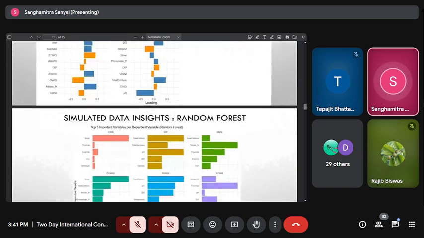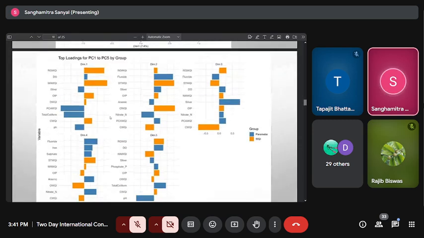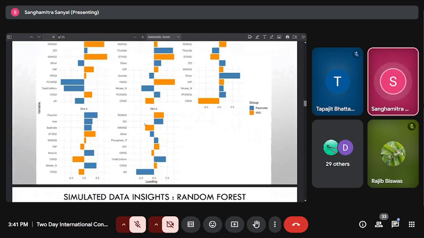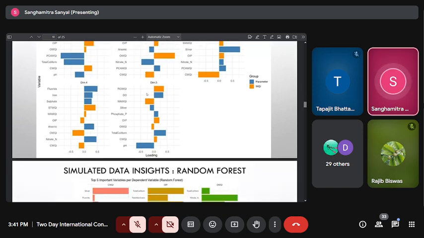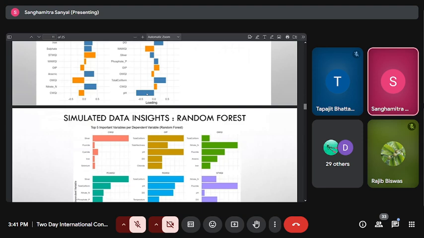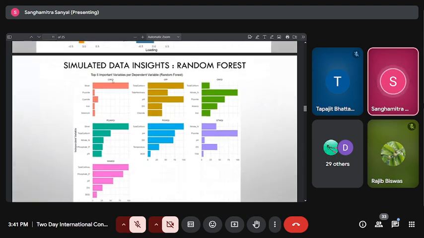To see this slightly better, and to find out which independent variable actually affected our water quality indices the most, I did a random forest multiple regression analysis, where each of the water quality parameters were the independent variables, and the water quality indices were the dependent variables.